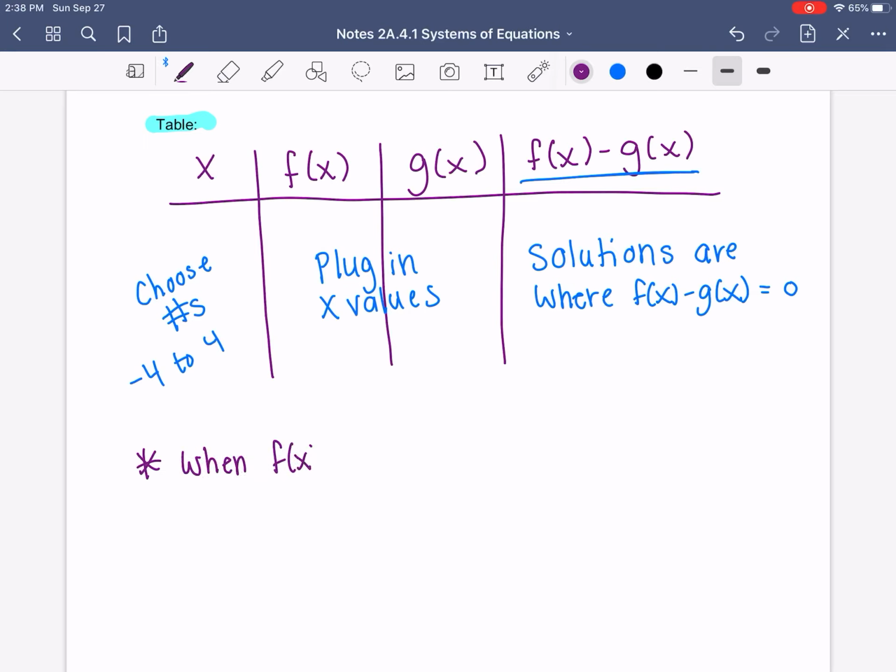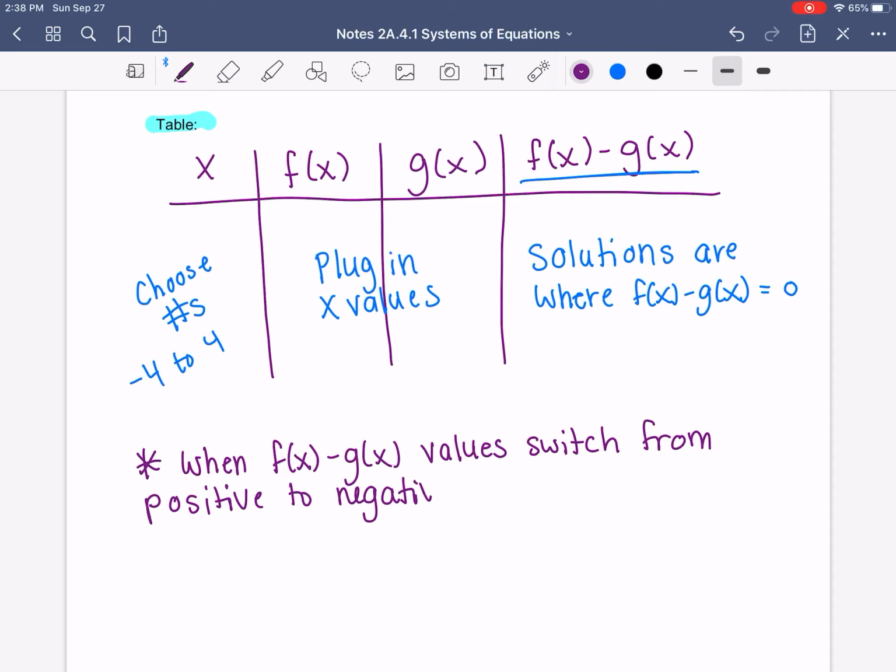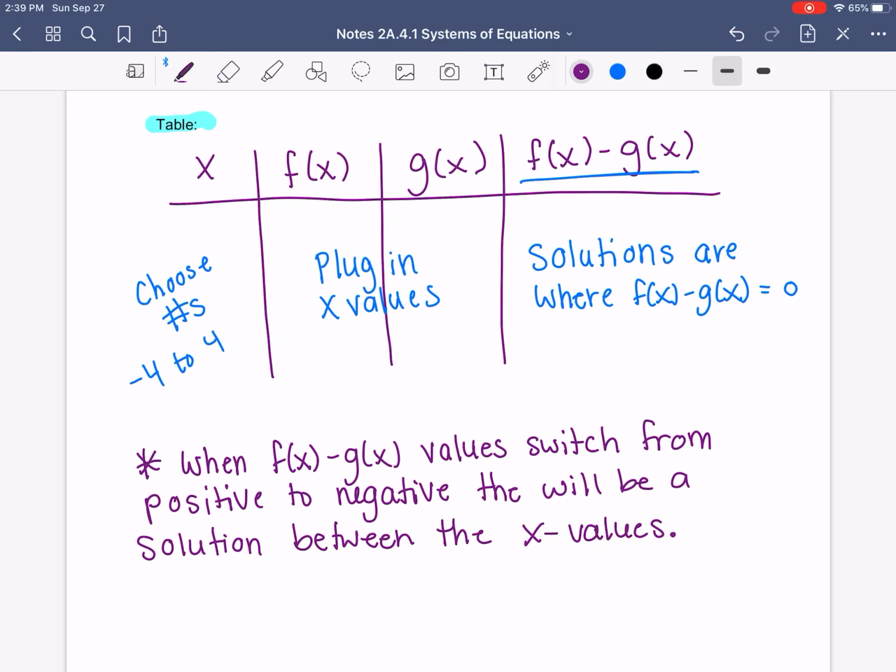When f of x minus g of x values switch from negative to positive or positive to negative, there will be a solution between the x values. It just means that your x might not be exactly 3 or exactly 4. It might be 3.2 or something along those lines.